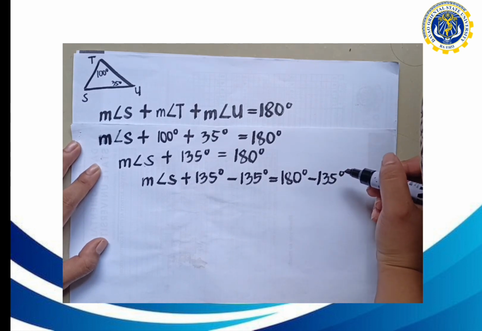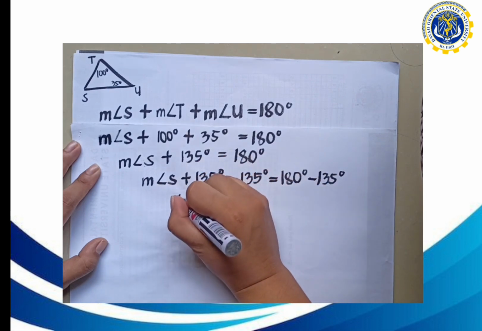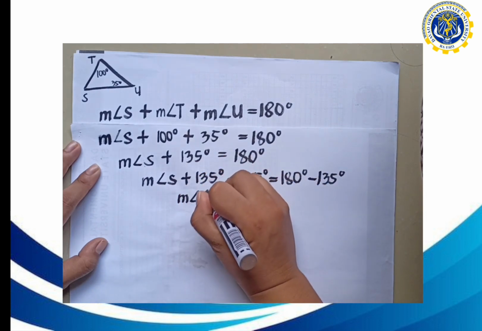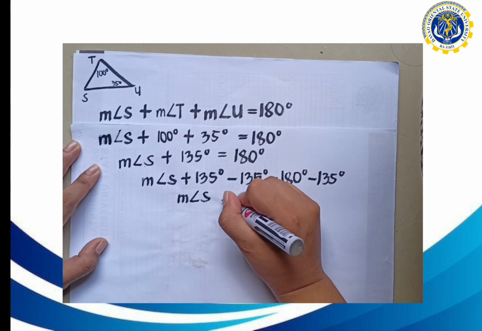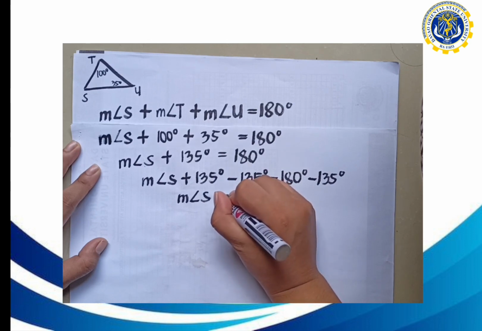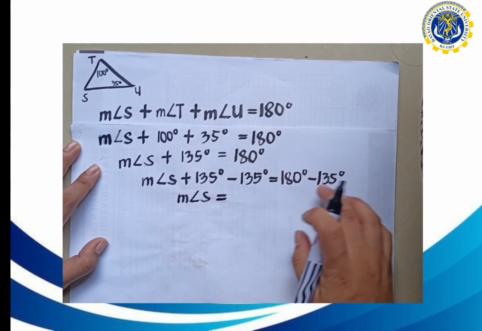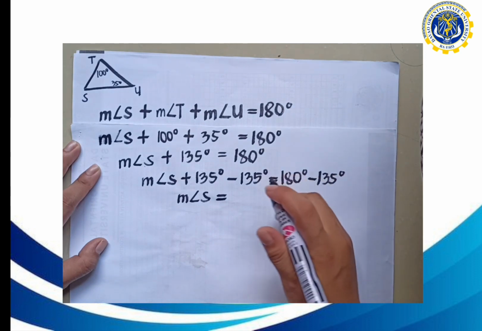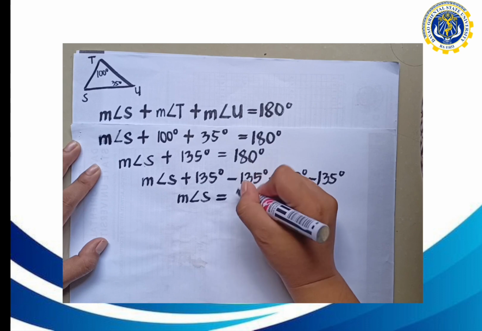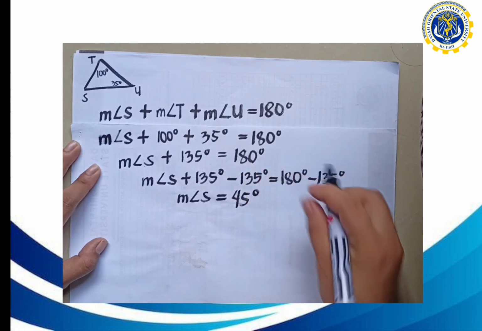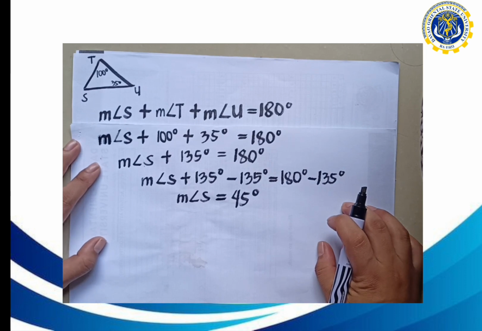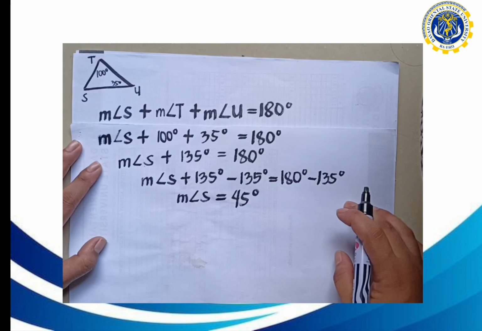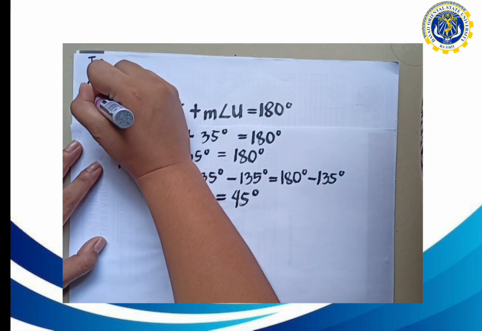Then simplify. So copy the angle S, then 180 degrees minus 135 degrees. So we have 45 degrees. So our unknown now, which is S, is 45.